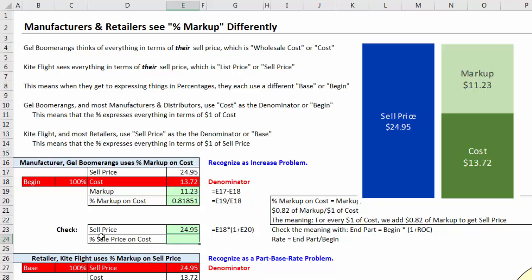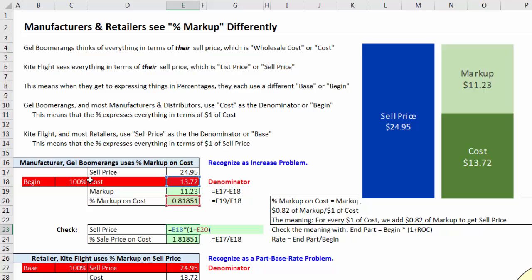Not only that, but we could calculate not just markup compared to cost, but we're totally allowed to calculate sell price compared to cost. Here we would say sell price, and we would divide it by cost. Now notice we get exactly what we calculated in here.